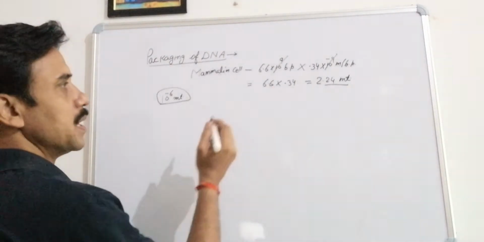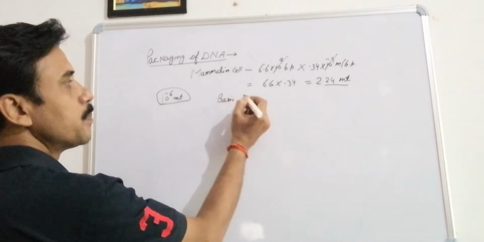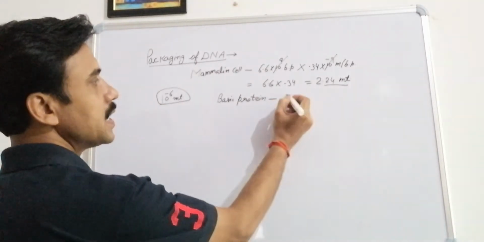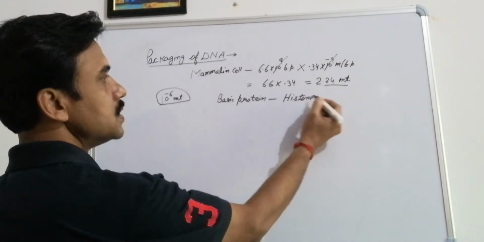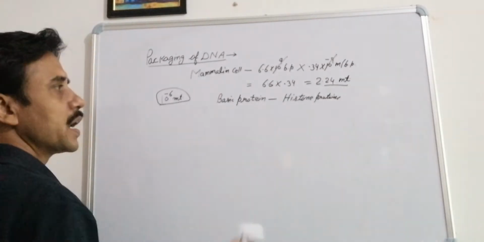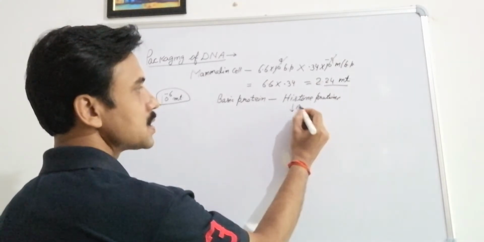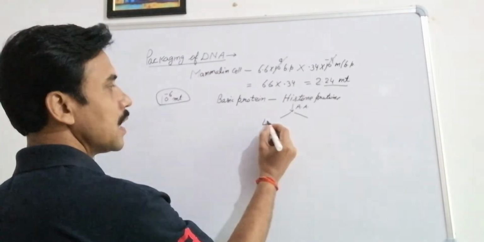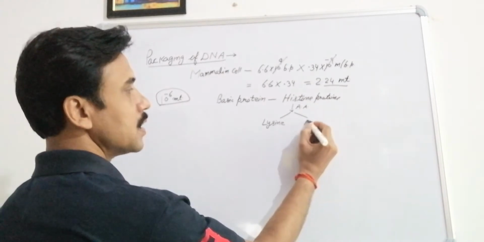It is made possible with the help of certain basic proteins. These basic proteins are called histone proteins. These histone proteins contain a rich amount of two types of amino acids: one is lysine, and the second one is arginine.